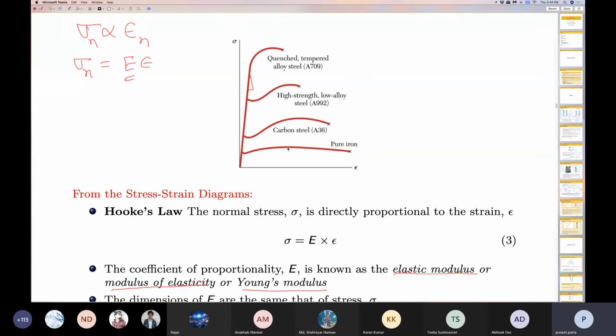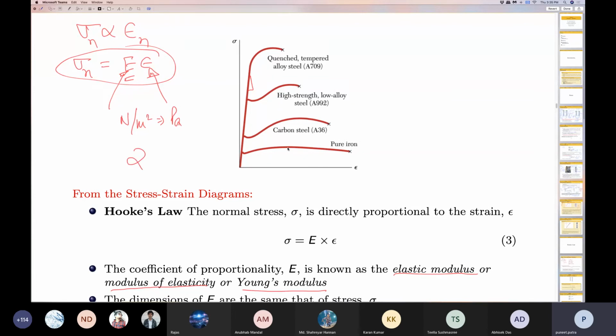Now, if you look at the equation itself, we have just discussed that epsilon is dimensionless. So E has a dimension of stress. That is, E in SI units is Newton per mm square, that is Pascals. But typically, the values of E that we encounter in real life for materials such as steel are very large.